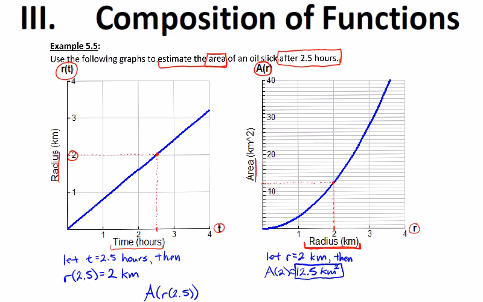We first did the calculation R of 2.5, which we figured out was 2. And then we took 2 and applied it to the graph of A, capital A, and found that the answer was 12.5 kilometers squared. So we can put it all together there in what we call a composition of functions.